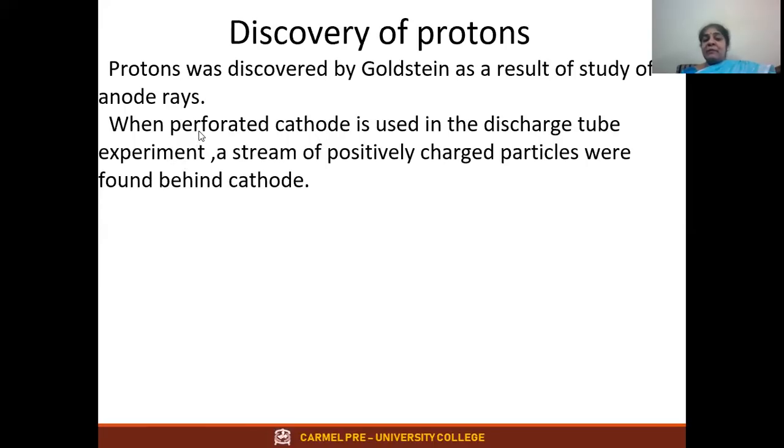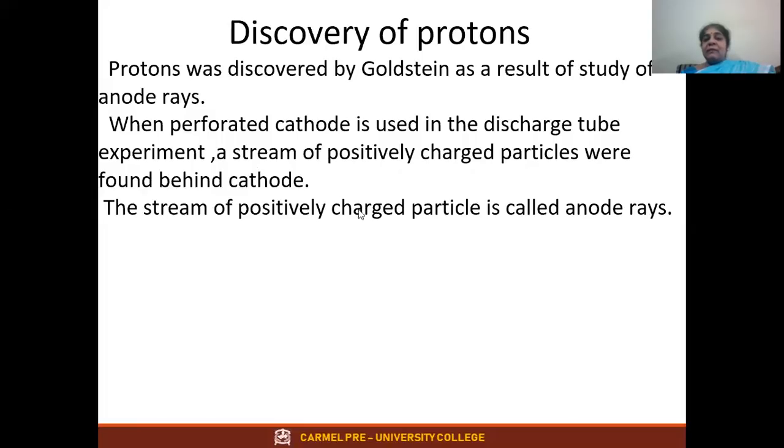What do you mean by perforated cathode? Perforation means holes. If you take a strip of cathode metal, the metal will have a lot of holes in it. The stream of positively charged particles is called anode ray.